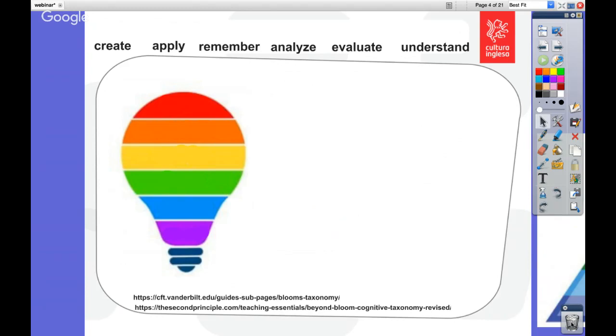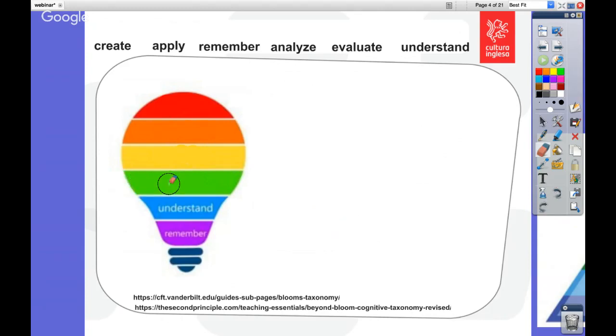Okay. Edu, if you shade the purple one, you're going to have, what is the first one? Let's see if everybody got it right. Remember. The first one, remember. The second one, understand.